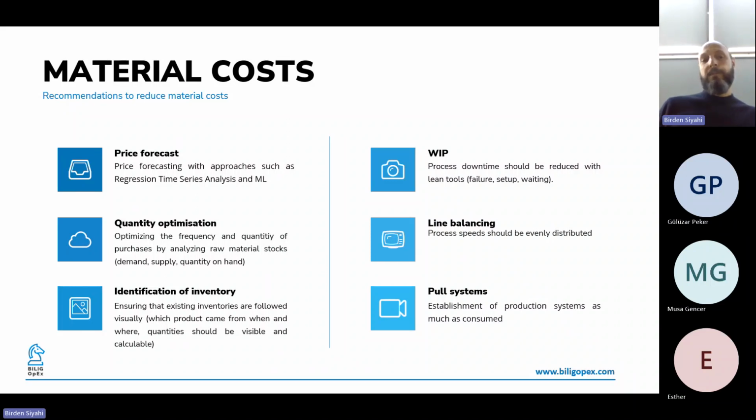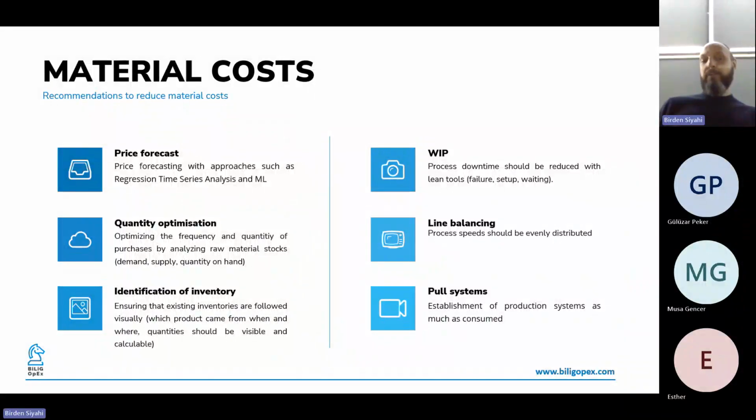What we can do as price forecasting is by just collecting the data, price data, and the inputs that have an effect on price data, we can do a regression time series analysis, or using machine learning methodologies, we can forecast the pricing of those raw materials, so we can buy the product at the right time, which is very good, because if you can predict the pricing of that raw material, when you buy the product at the right time, the effects of the increasing prices will be less for your company.